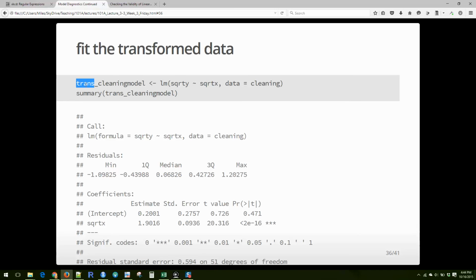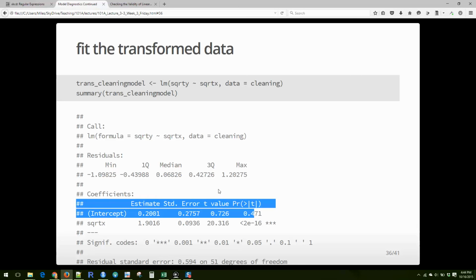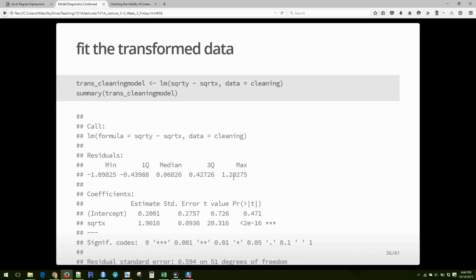This will be the transformed cleaning model, a linear model of square root y explained by square root x, with data coming from my cleaning table. Let's create the summary of this. We've got an intercept and all of this, and what does it mean? Well, let's take a look.